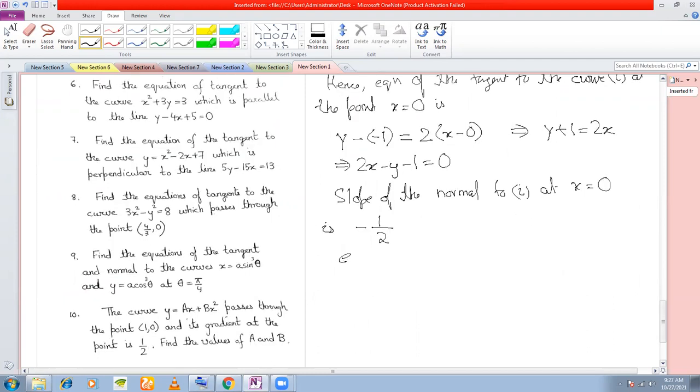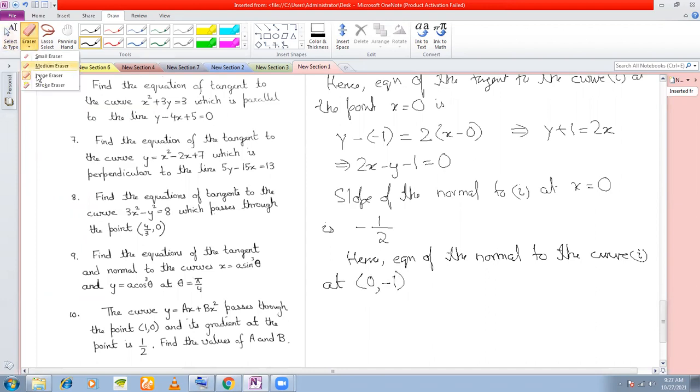Hence the equation of the normal to the curve 1 at x equal to 0 is, same way, y minus y1 is equal to slope of the normal, minus half, into x minus 0.